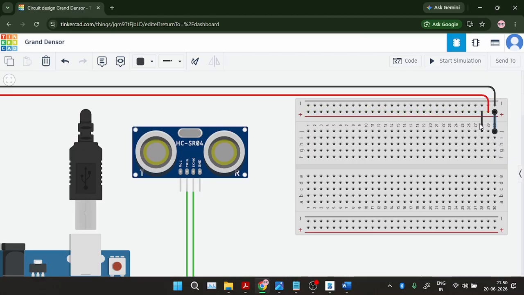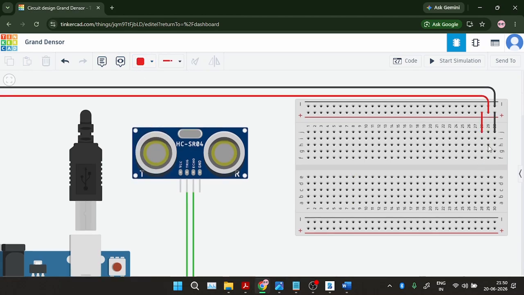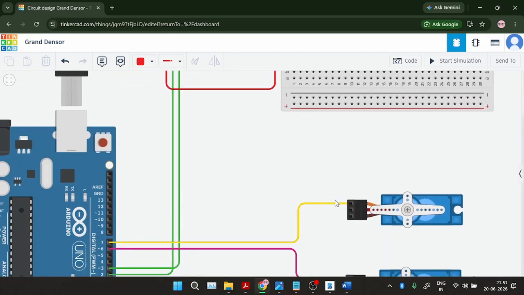So let us do this connection and see. I am getting a little small doubt here that this might short the ground, but let us see. So this is just a trial. So I need to connect one power supply here, and there you go.